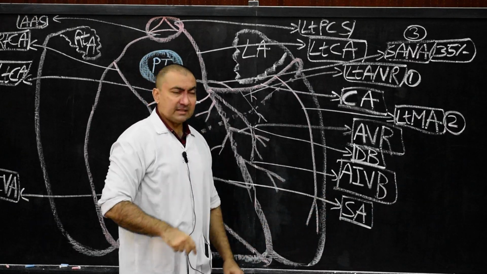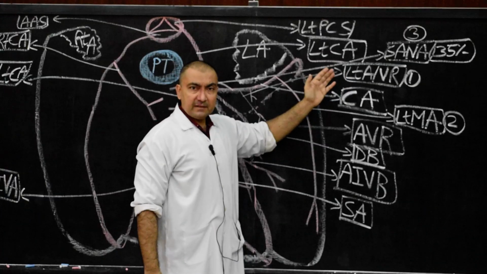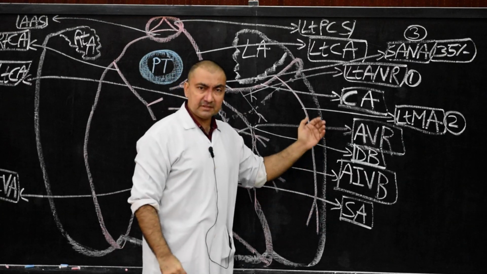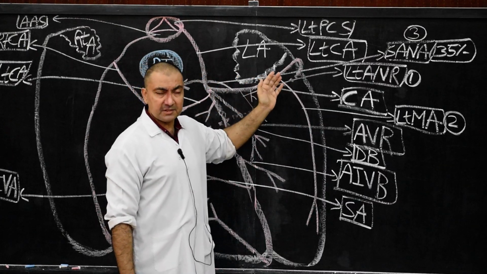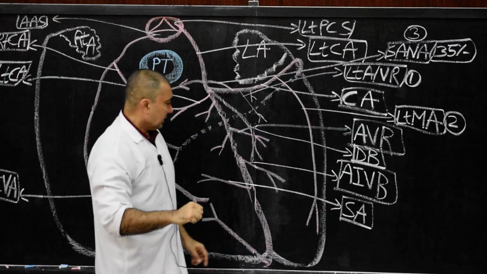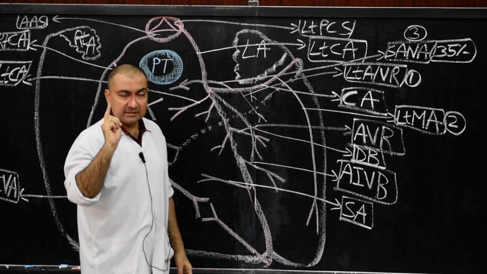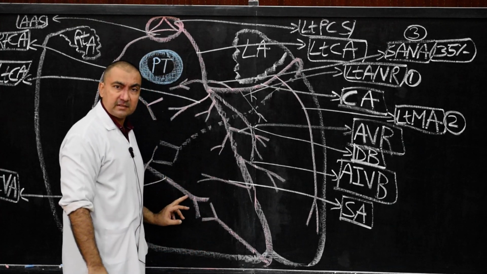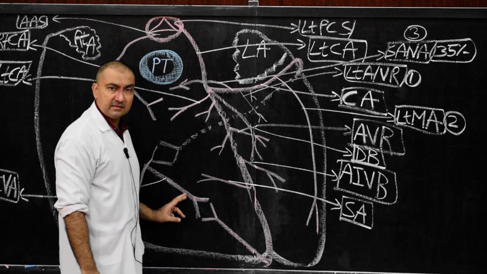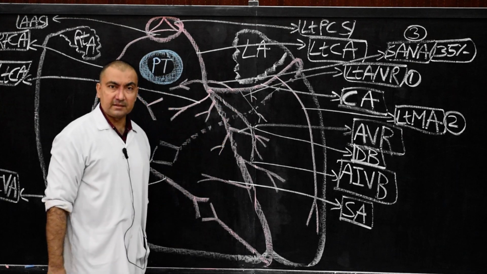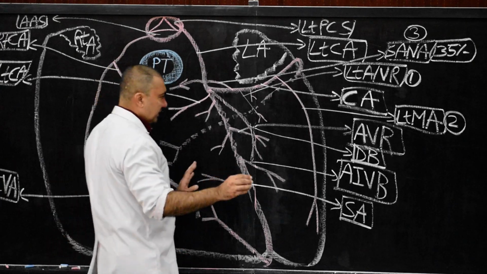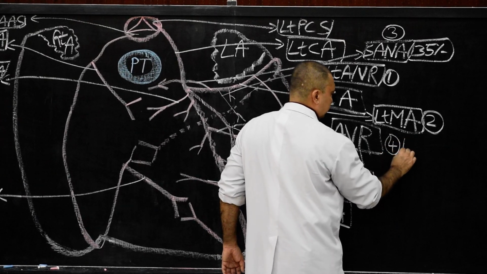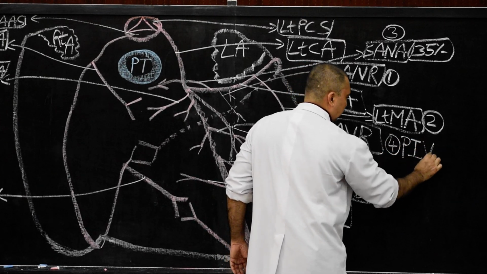So once again I revise: the left atrial and ventricular rami, number 1; the left marginal branch, number 2; in 35% of cases the sinoatrial nodal branch, number 3; and branch number 4. In 10 to 20% of cases, you have to mention this, sometimes the posterior interventricular artery is a branch of the circumflex artery. So we simply write here as number 4 the posterior interventricular artery.